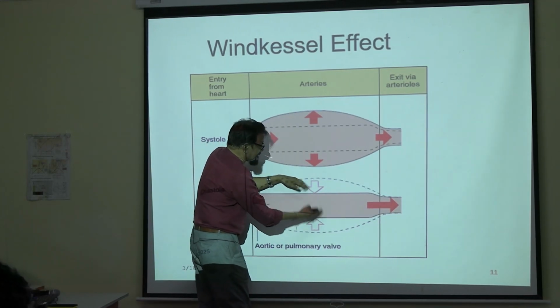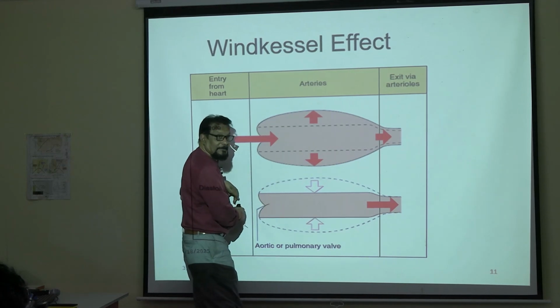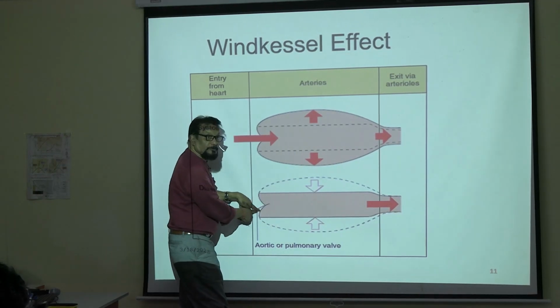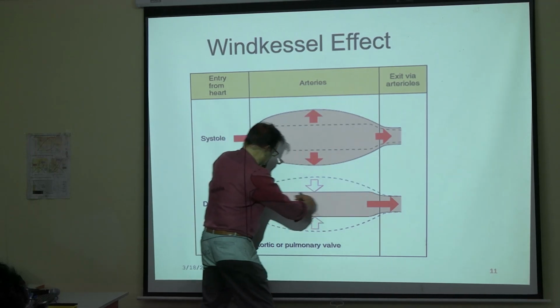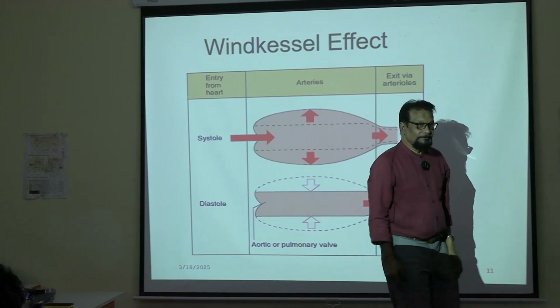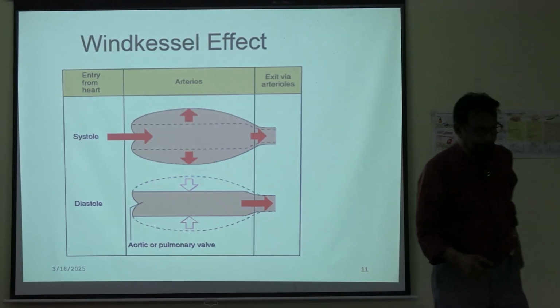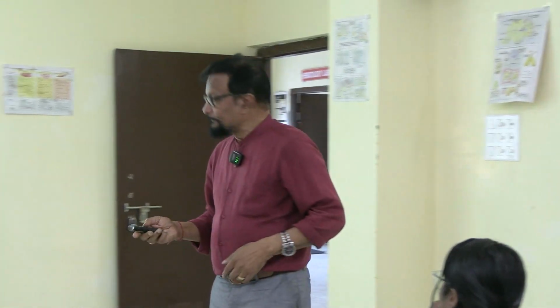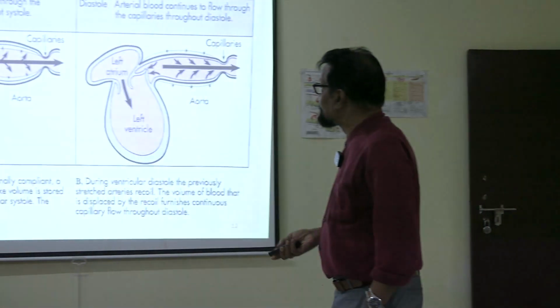Now where will this blood go? It cannot enter here, and because of this, those valves will also close. Since there is no way, this blood will move forward. Clear? And for this purpose, the aorta and large arteries, the wall is designed like that.